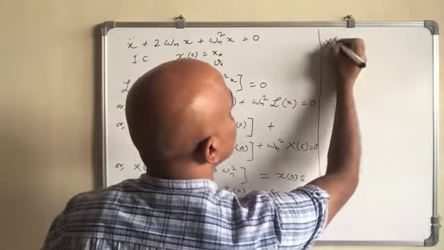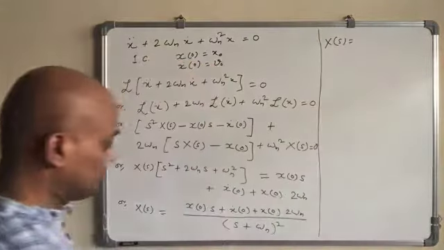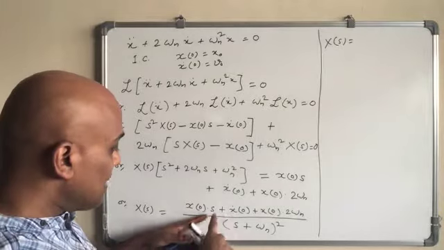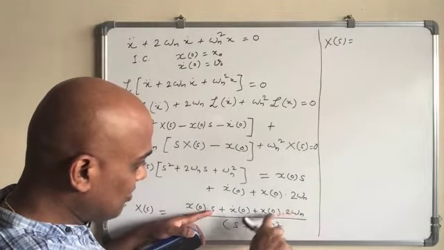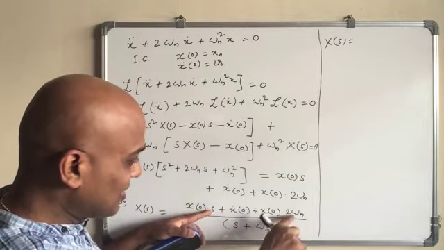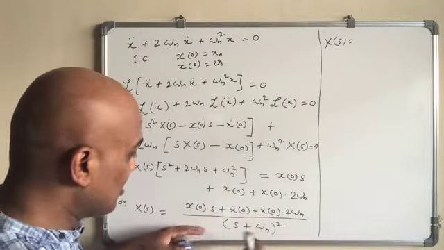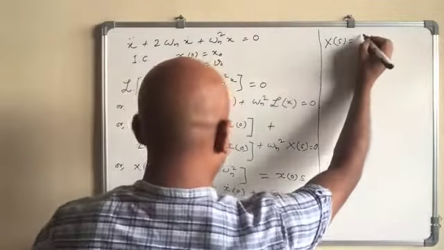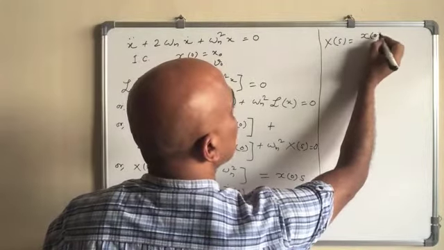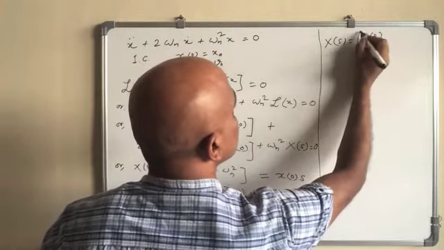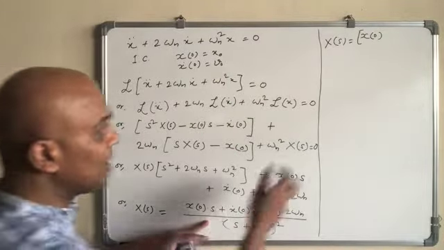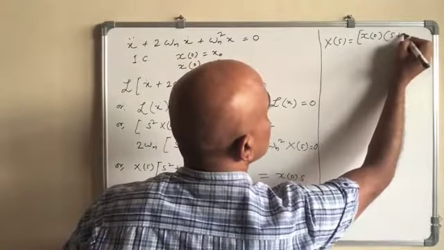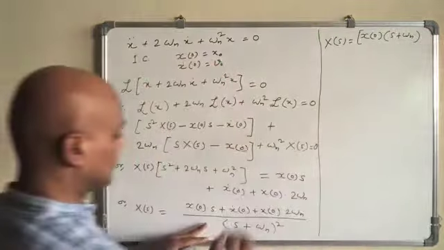So we have X(s) equal to, now we can have s here, or we take omega_n. Of the two here, we take one of these, so we will have something like this: x naught multiplied by (s plus omega_n).